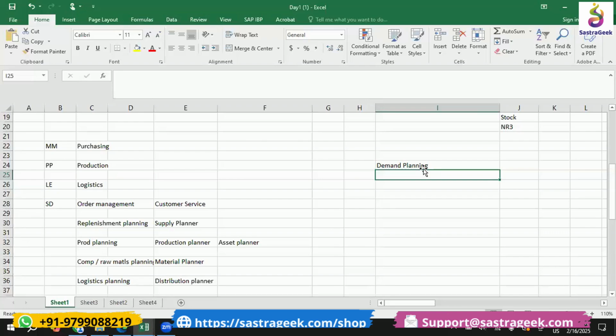Once you finalize your forecast, what is the next step? The next step is looking at this demand at individual locations, look at your stock elements, look at your firm order elements, and see if you have a shortage.